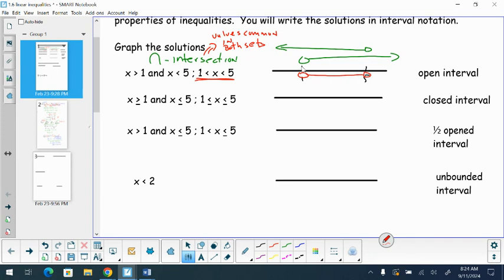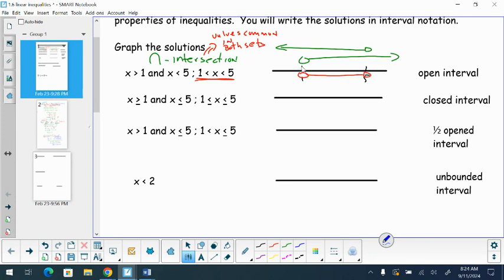Well, what we can call this is an open interval. Why do we call it an open interval? Because we have open dots. So how we can write this, and it sort of looks like a coordinate plane idea with respect to an ordered pair.